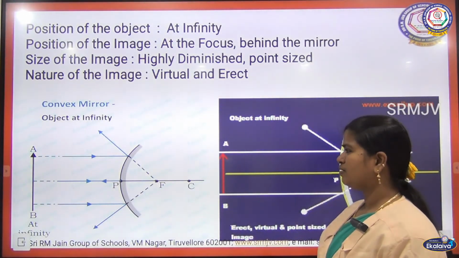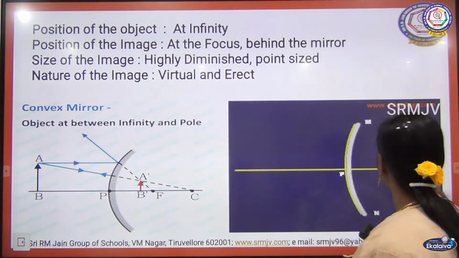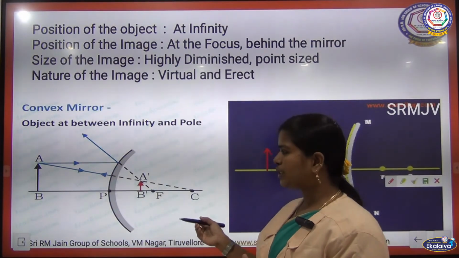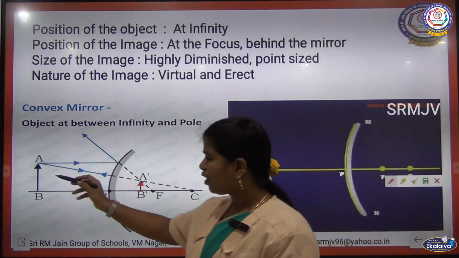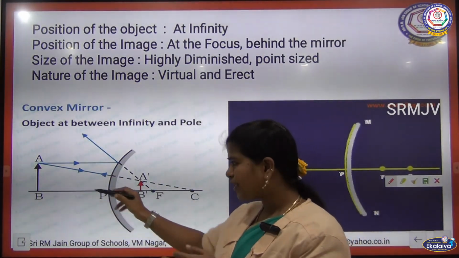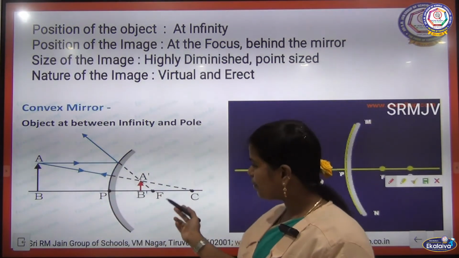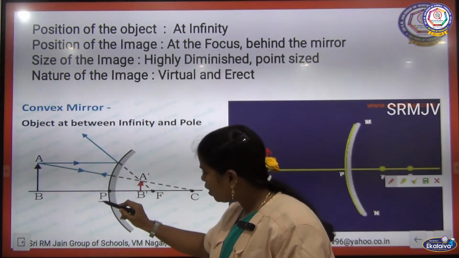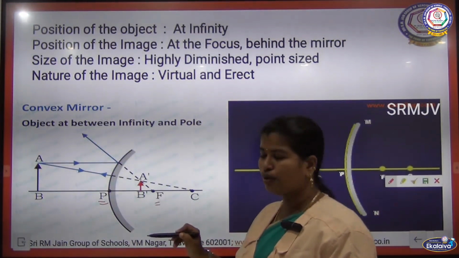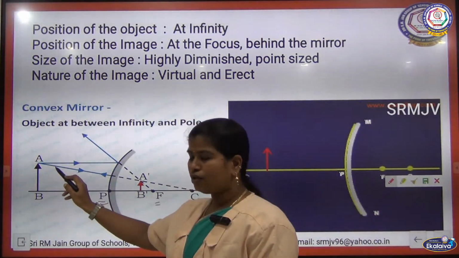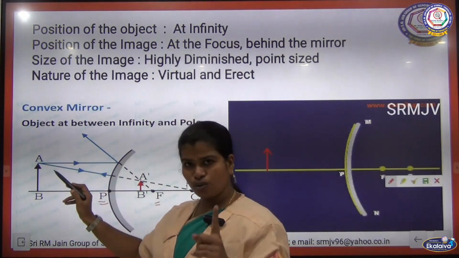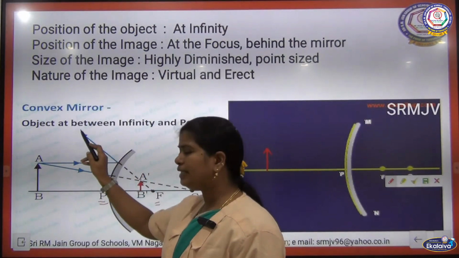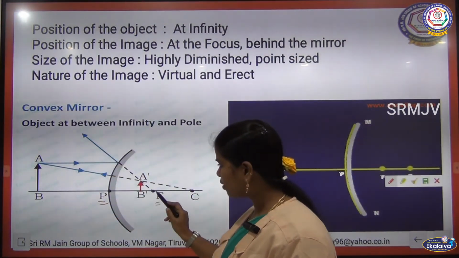Next position. The next position of the object is, as I have told you already, from infinity to the pole. Wherever we keep the object, we are going to obtain the image between the pole and the focus. We can use the rules over here. The first rule: a ray parallel to the principal axis gets diverged, but appears to come from the focus.